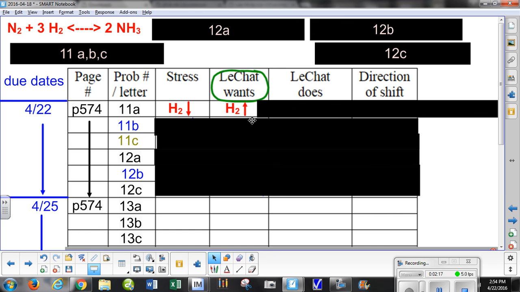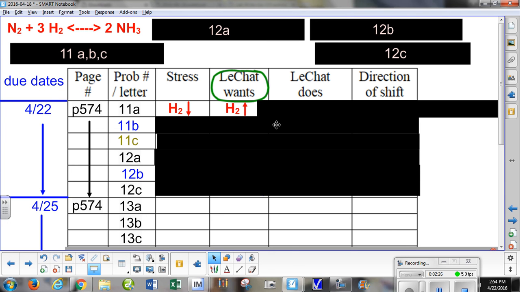Now, he cannot get rid of hydrogen. He can't have it leave the bottle. Okay? There's no way for him to do that. All he can do is shift to the left and make more ammonia, or shift to the right. This is the right side, or shift to the left, and that involves taking this guy apart and making more of these. So, what does your intuition tell you?